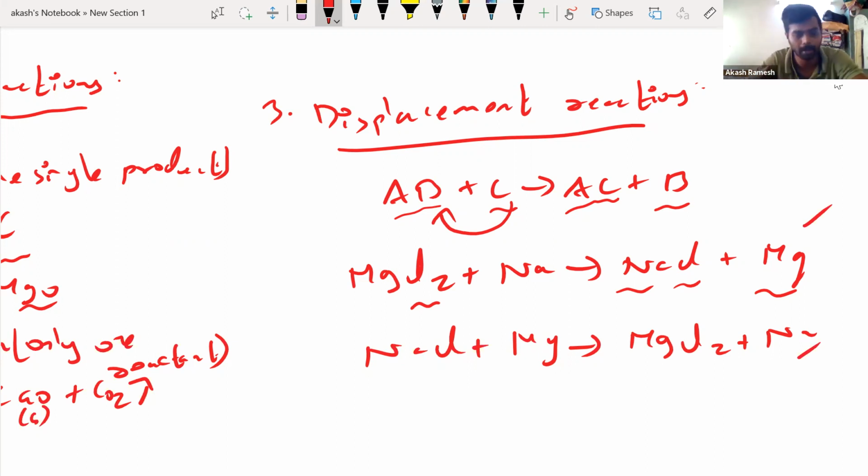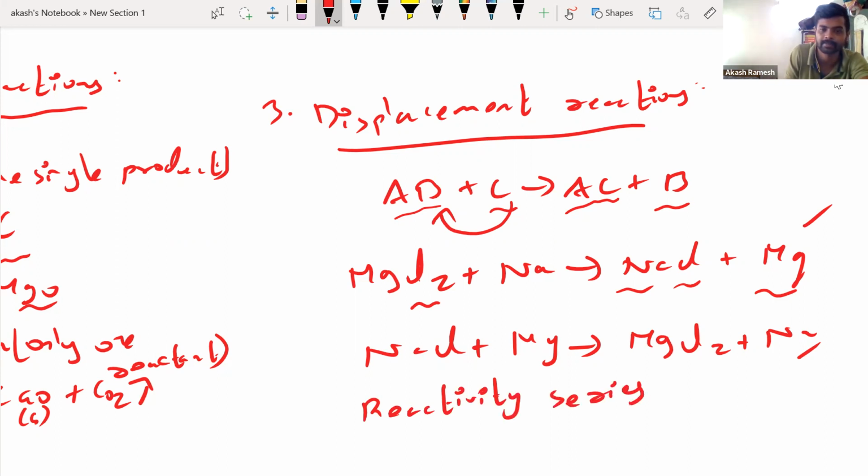For that, people, you have to understand there is something called as reactivity series. This reactivity series is nothing but I am going to arrange the metals in the order of the reactivity.